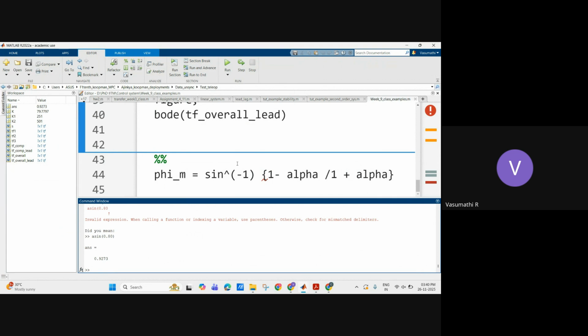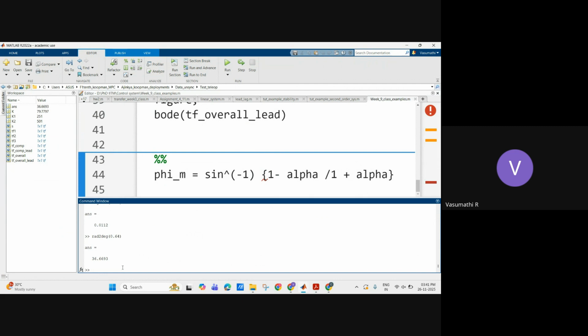1 minus alpha is 0.75 divided by 1.25, that is 0.6. asin of 0.6 is 0.64. That's in radian.